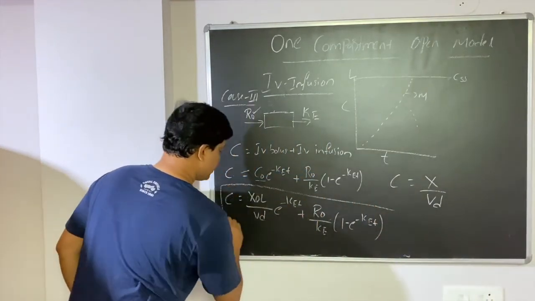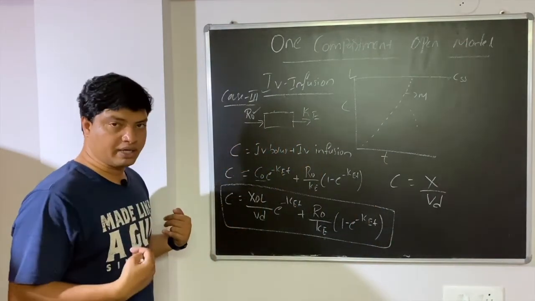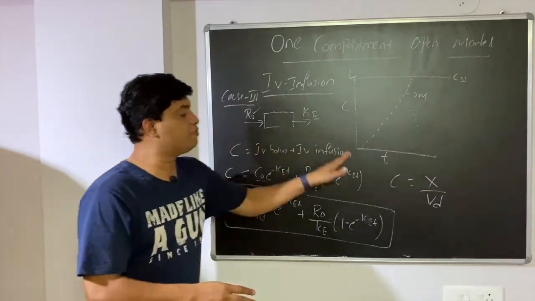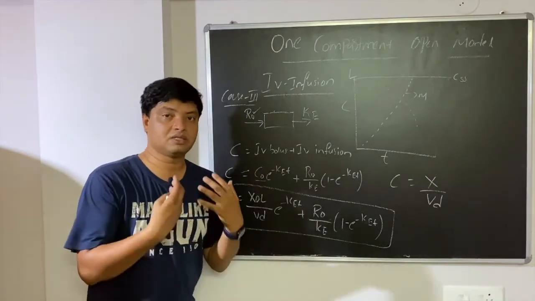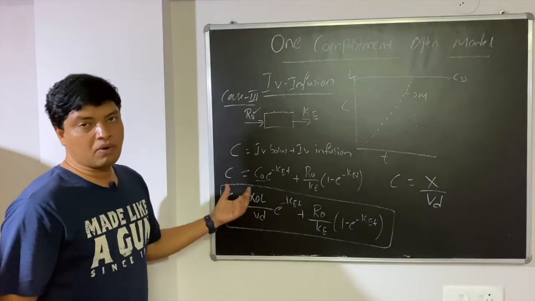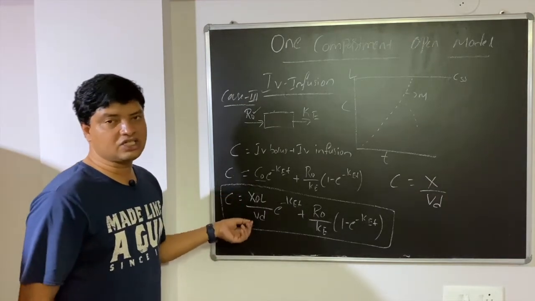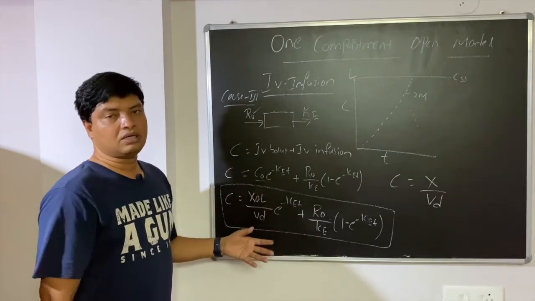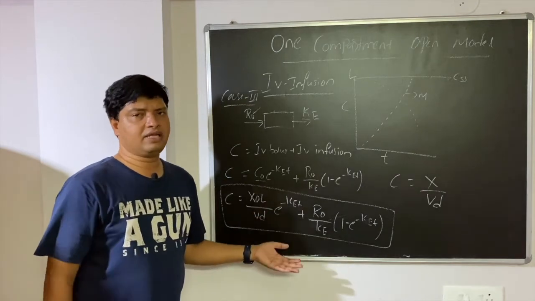This is the equation which will tell you the concentration of drug in the body when you maintain the steady state concentration by giving IV bolus and IV infusion. In the IV bolus, the dose is represented as X naught L, that is amount initial loading. X is amount, 0 is initial, L is loading. This equation will give your concentration, and we can also estimate the volume of distribution very easily from this.